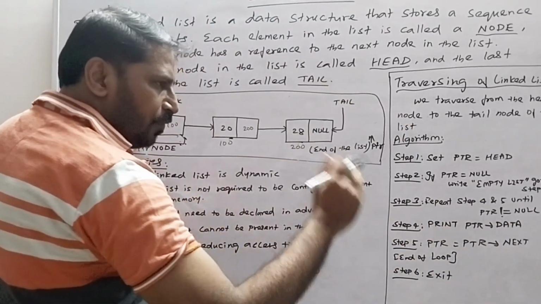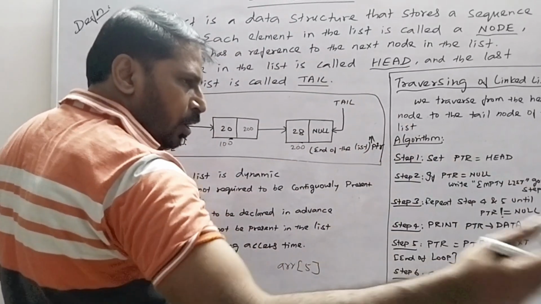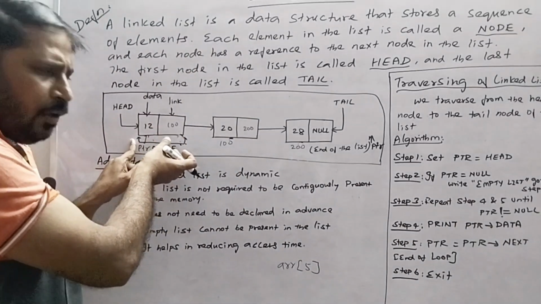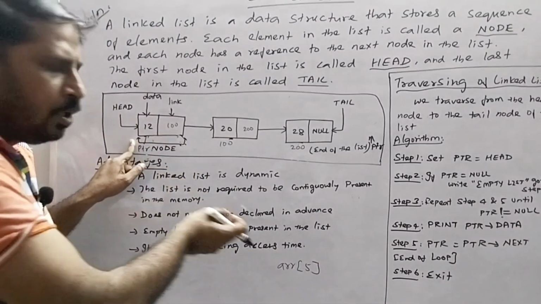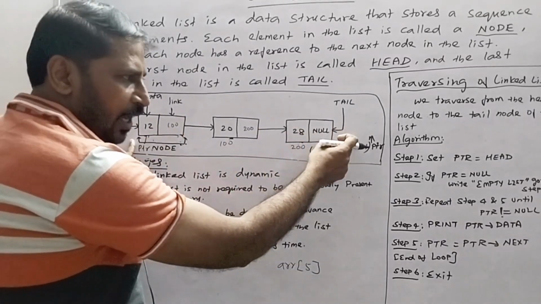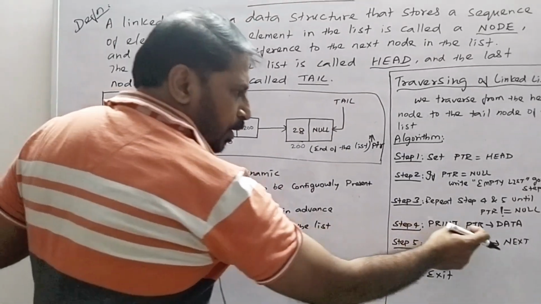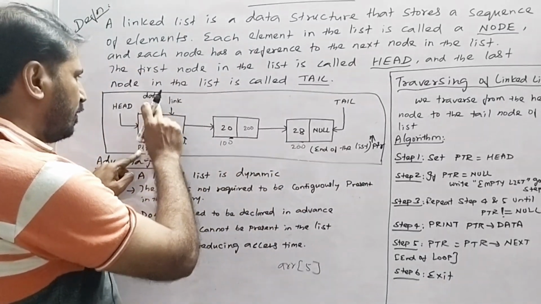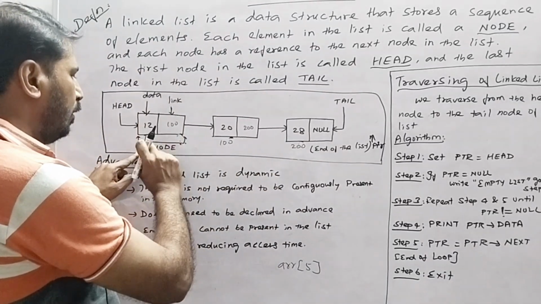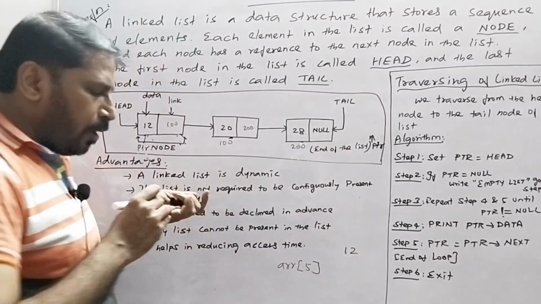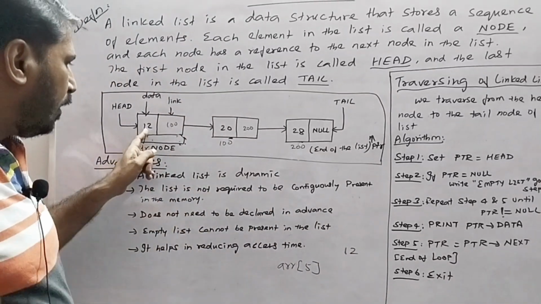Traversing is nothing but going node by node. At the time of traversing, I take the value from each and every node and print each value from head to tail. What is pointer? Pointer is here, the data column is this one, so I print pointer data. Pointer data is 12 here, so I print the data part.